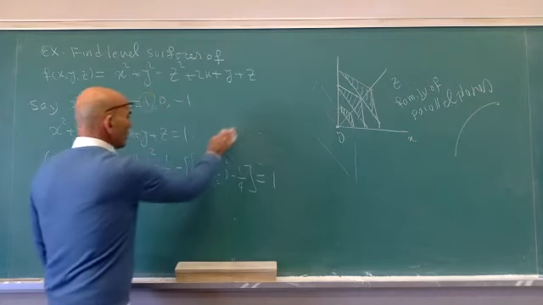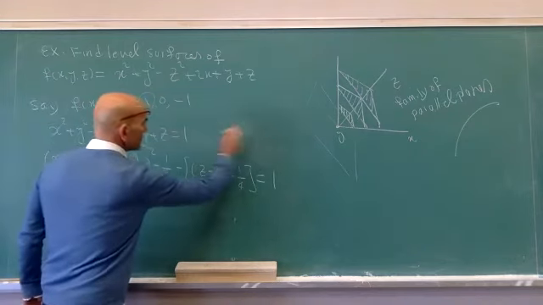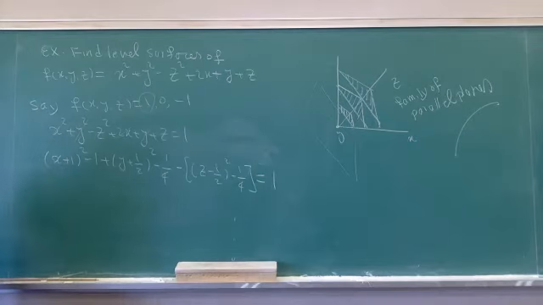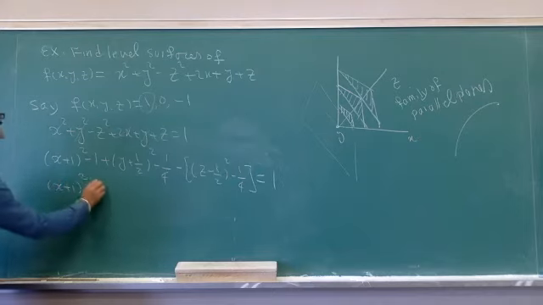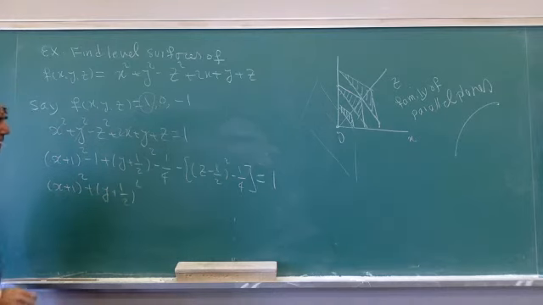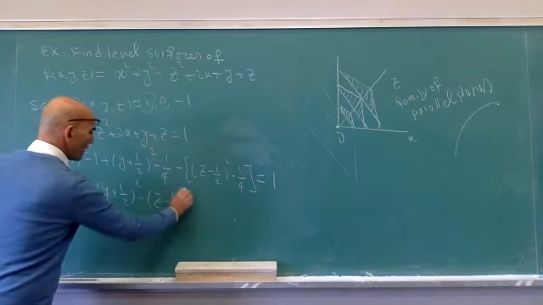Make sure you understand this very first step, what we did, and that we didn't make any mistakes. But now we can move on. So this is x plus 1 squared plus y plus half squared minus z minus half squared.